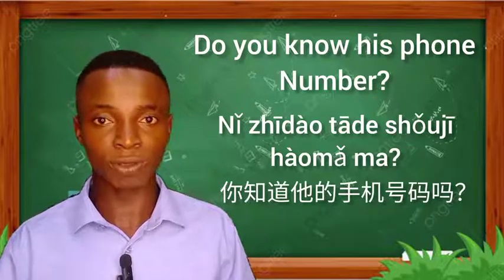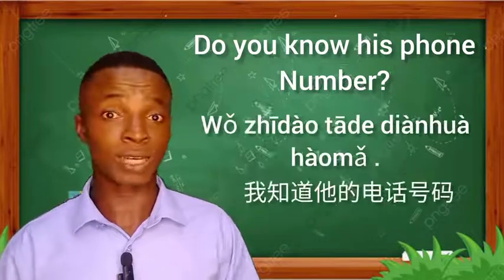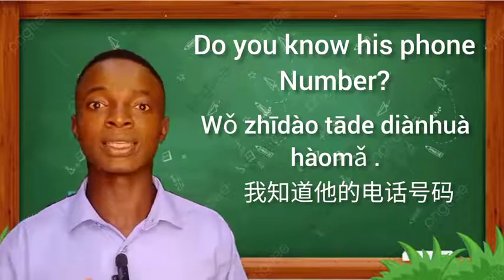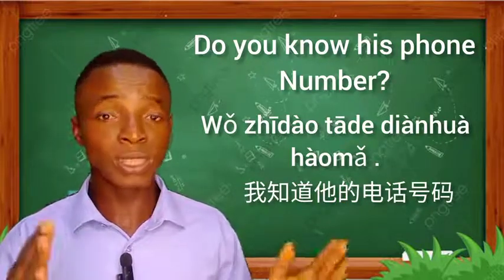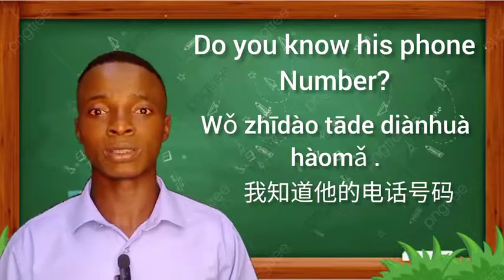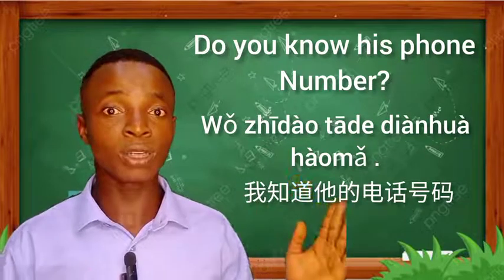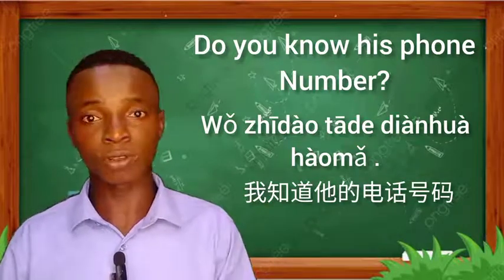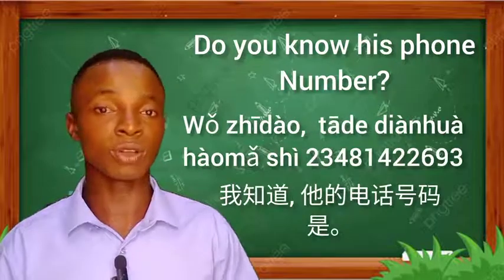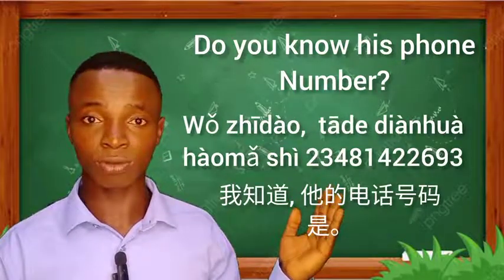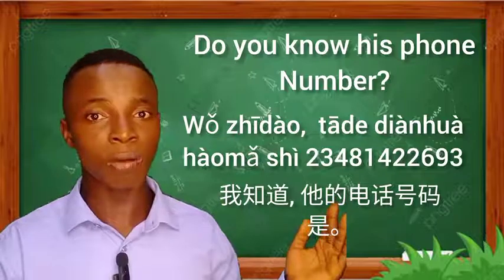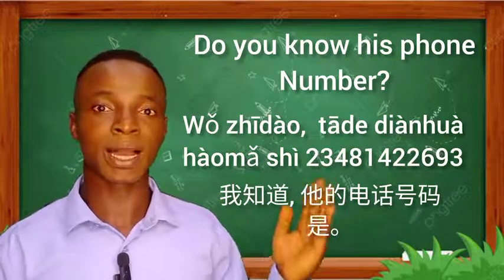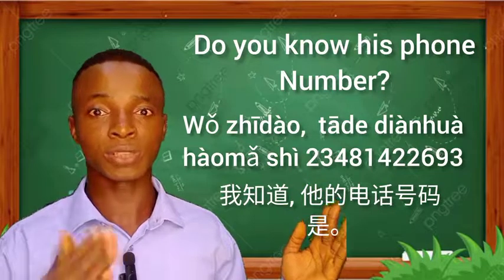In response, I know his phone number. It's very simple. You can say 我知道他的电话号码。 For example, I know his phone number, his phone number is: 我知道他的电话号码是234-814-22693.